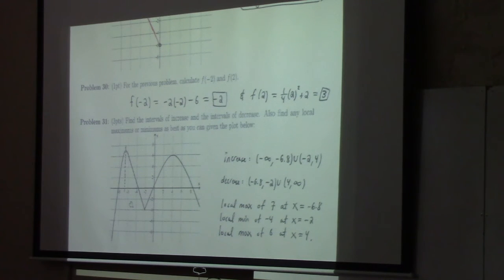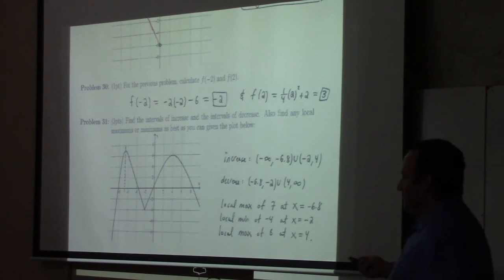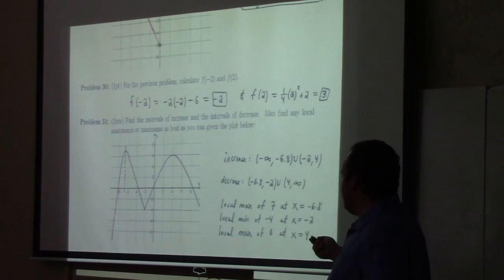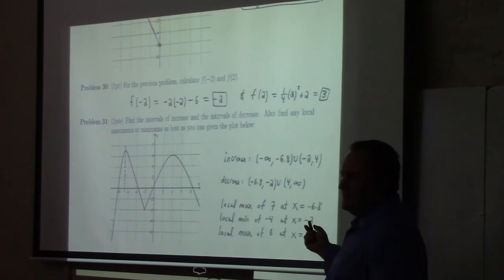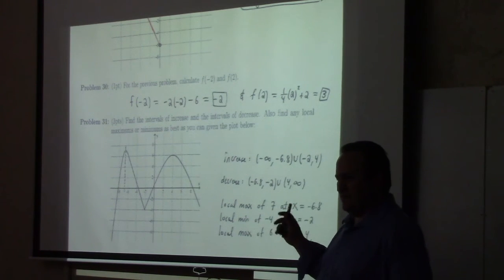How about this one? I wrote down like half of that answer. You wrote down half of that answer? So there's a local maximum here and here, right? A local minimum there. It's increasing all the way to there, right? So it's increasing from like minus infinity to whatever that is. I said minus 6.8. You could have said minus 7. It's debatable. It's fine.